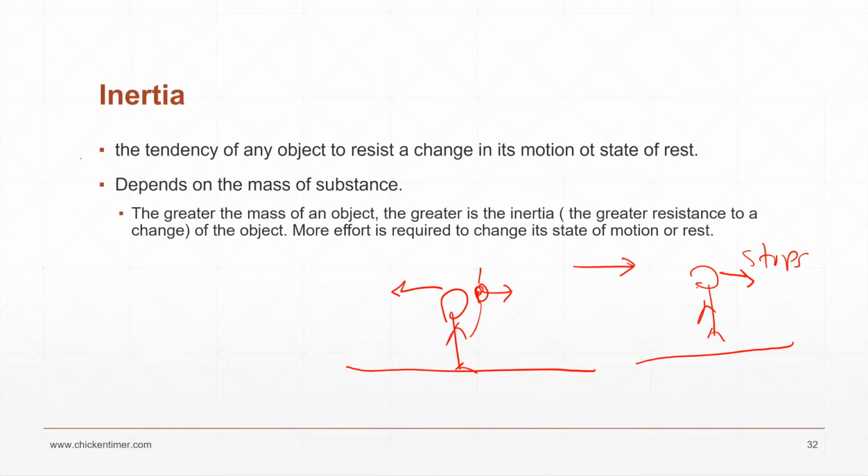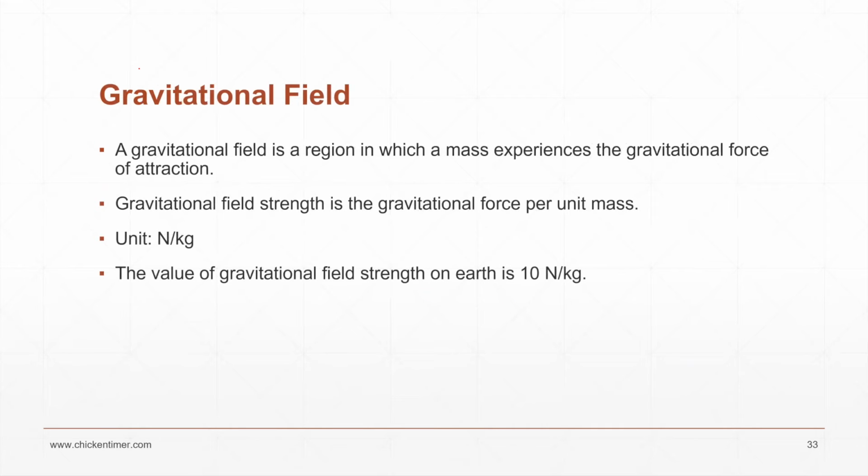If they ask for definitions here, the bigger the mass, the greater the inertia. So the jerking forward and jerking backward motion will become bigger. Then you have gravitational field. They might ask you for the definition. Then units. Then gravitational field strength.